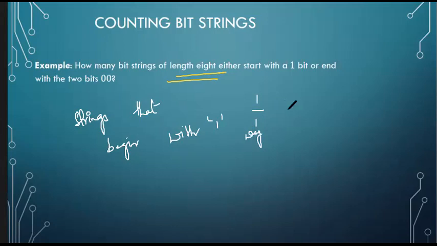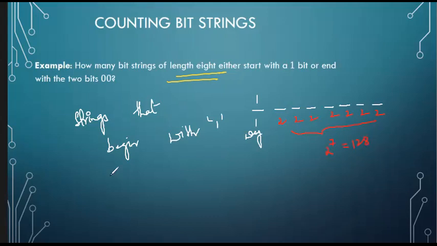Now what about the rest of these 7 bits? For the rest of the 7 bits, each can be filled in 2 ways. So totally it will be filled in 2 power 7 ways, which is 128.